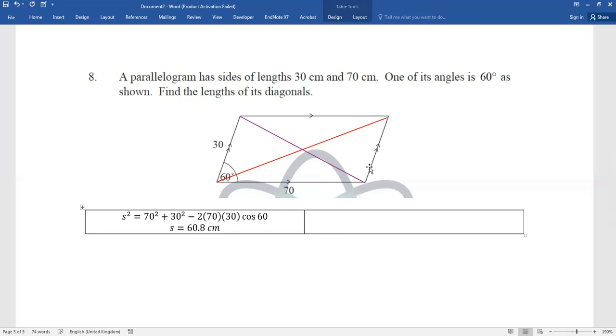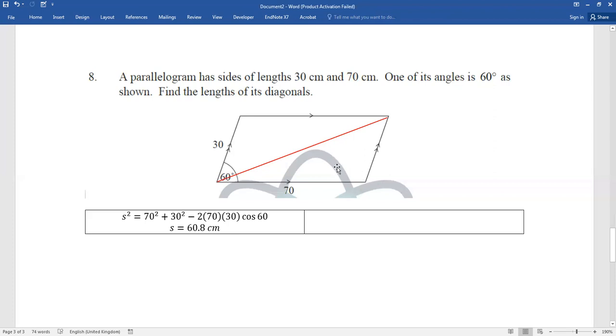Forget about the first diagram so that there is no confusion. If this is 60, this will be 120. It is the supplementary of 60. These are called interior angles, the angles formed between two parallel lines on a transversal line, and their sum is equal to 180 degrees.